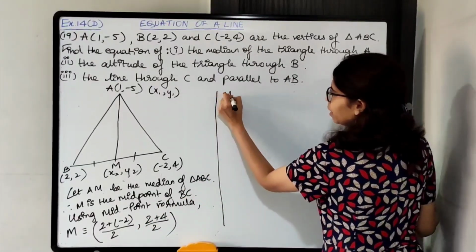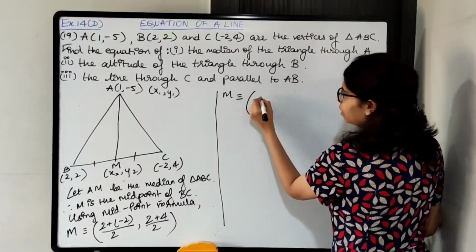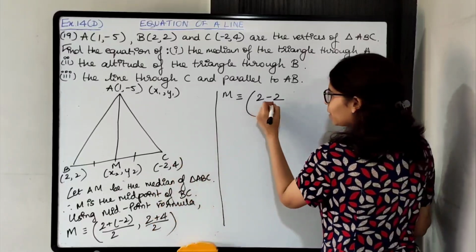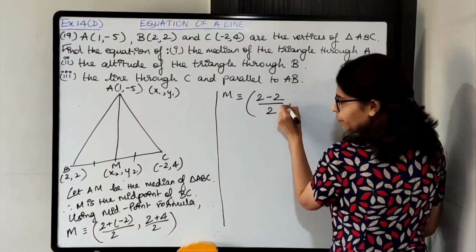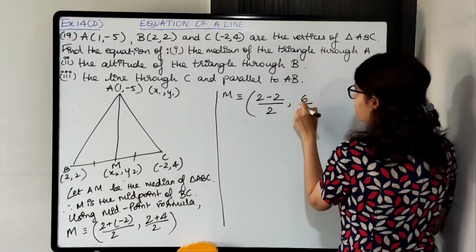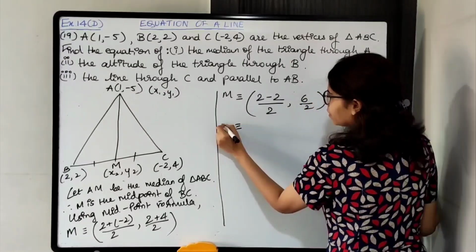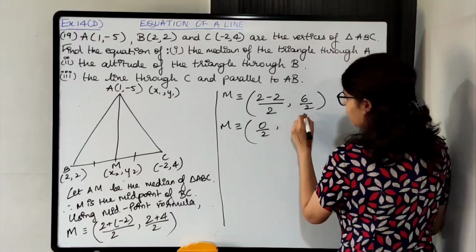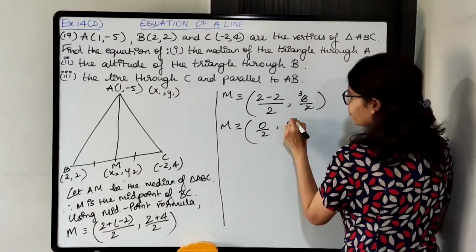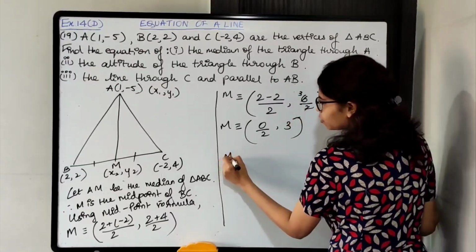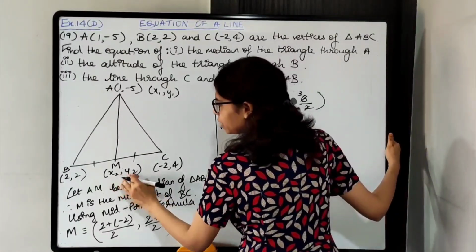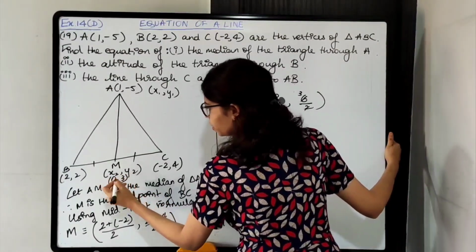So M will be (2 minus 2) upon 2, and 2 plus 4 gives 6 upon 2. So this gives 0 upon 2, that gives 0 only. 6 upon 2, 3. So it will give (0, 3). We got M's coordinates: (0, 3).